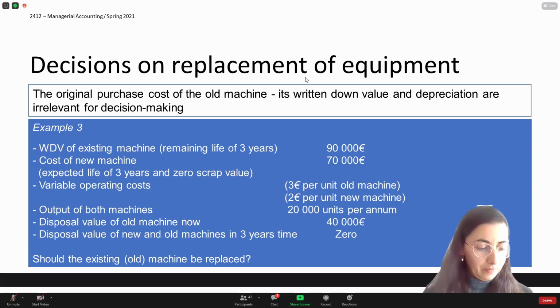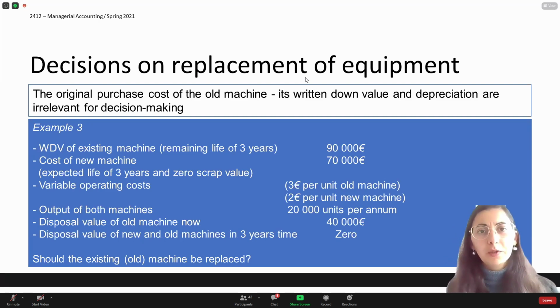And on the other one, I consider the 20,000 times the €3 per unit times the 3 years. And I also added the opportunity cost that we get from not selling the old machine, and it would have a cost of 220,000. And in that sense, I would replace the old machine.